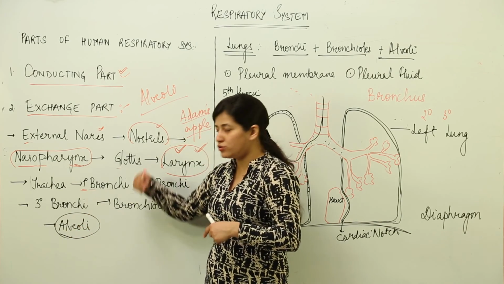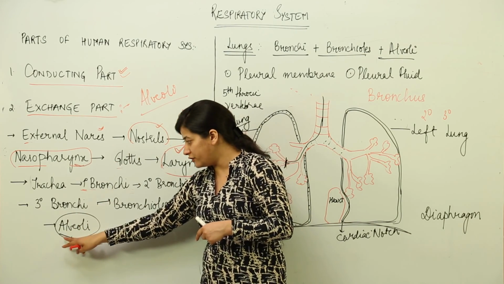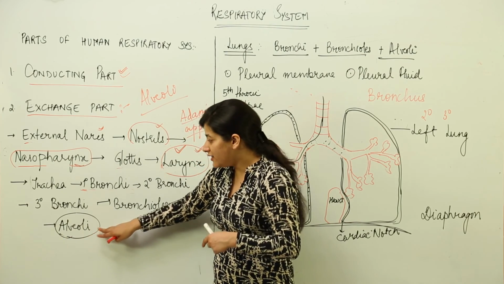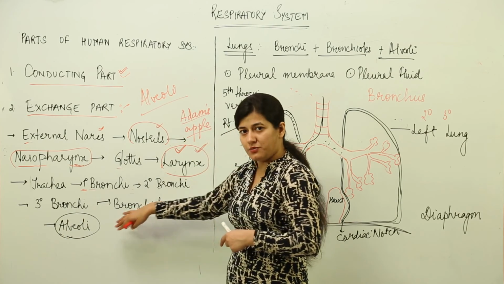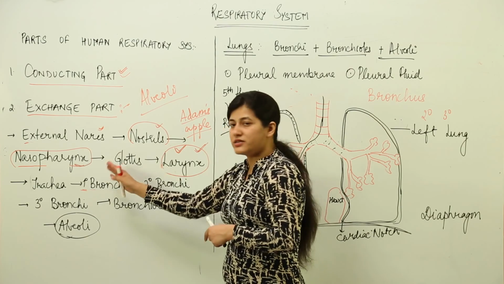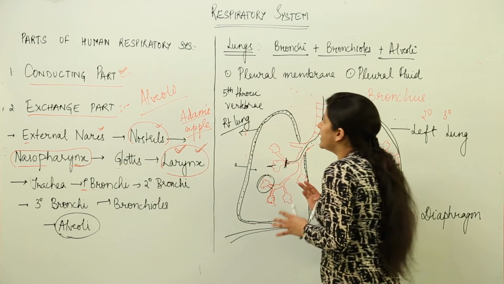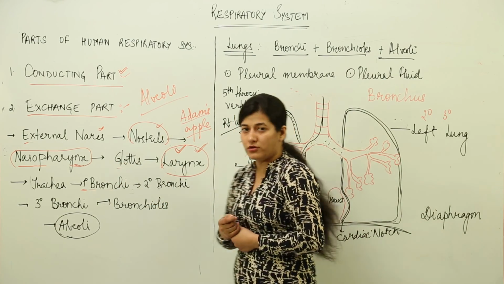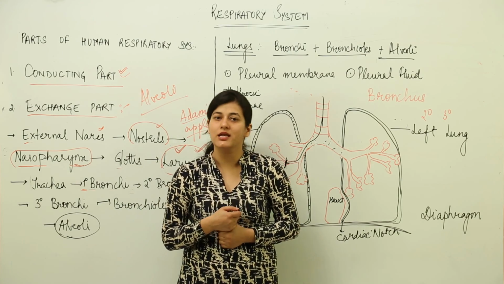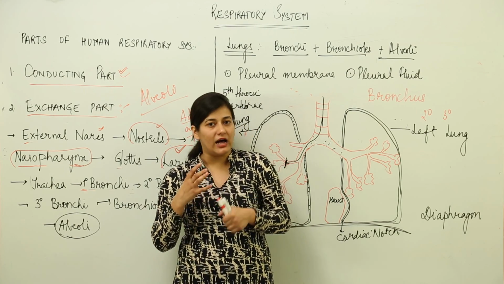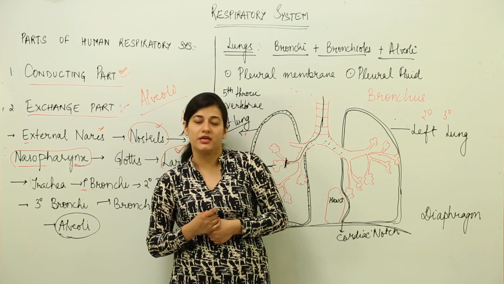Now if carbon dioxide is to be thrown out, then the passage will be totally opposite. We have to take it in the reverse way. Alright, so this is all about understanding the organs of the respiratory system in human beings. Next we are going to see how this respiration process takes place with a video illustration.